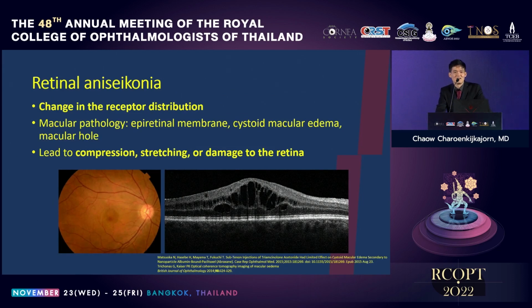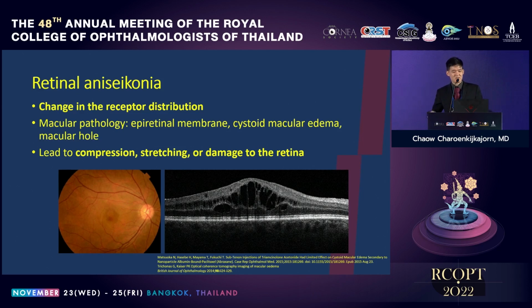And the retina can cause aniseikonia by changes in the receptor distribution. And usually we can identify the cause easily by using the OCT, and most of the time we see epiretinal membrane, sometimes with pseudohole, sometimes macular hole, cystoid macular edema, or sometimes you can see disruption of the ellipsoid layer that might suggest some prior pathology like previous central serous chorioretinopathy or something like that.